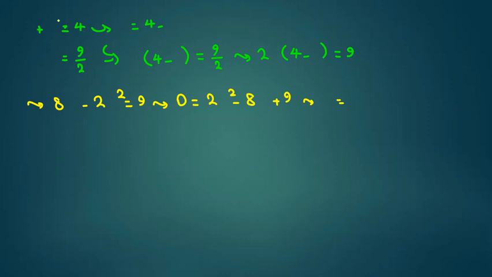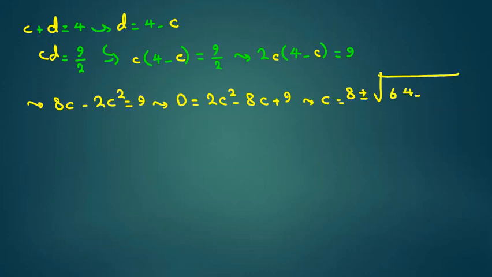C plus D is this, CD is this, D is 4 minus C, and C times 4 minus C is this, 2C times 4 minus C, and 8C minus 4 is this, 2C squared plus 9 is equal to 8 plus minus root of 64 minus 4 times 2 times 9, which is 72, all over 4.